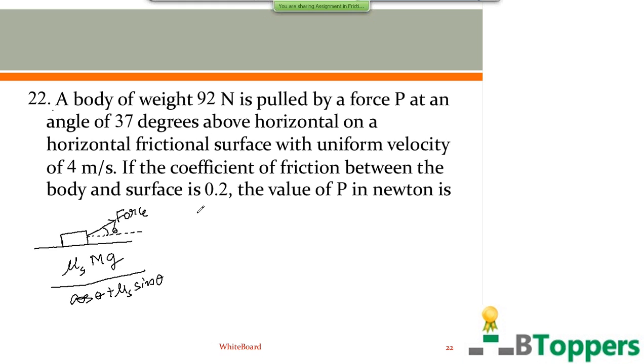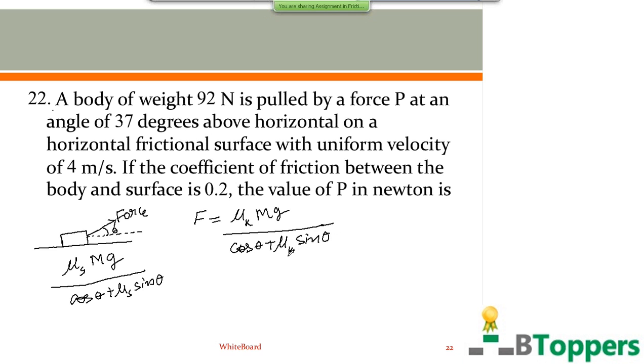Once it starts moving, consider the pulling force required to maintain the motion of the block. The minimum pulling force required to maintain the motion of the block, or you can say the minimum value of the pulling force required to move the block along the floor once it is set into motion, or the pulling force required to move the block with uniform velocity, you can write with the same result, but instead of mu s you have to take mu k: mu k into mg by cos theta plus mu k into sin theta.